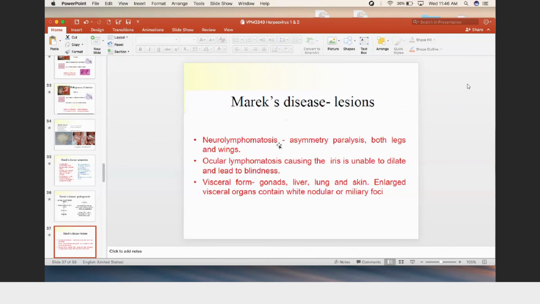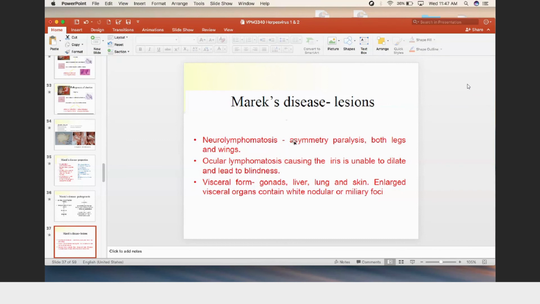So lymphocytes accumulate around the nerve, and this causes enlargement of the nerve. The nerve is enlarged not because of hyperplasia, but because of the excessive accumulation of lymphocytes in the nerve. You can see the size of the nerve becomes really big.